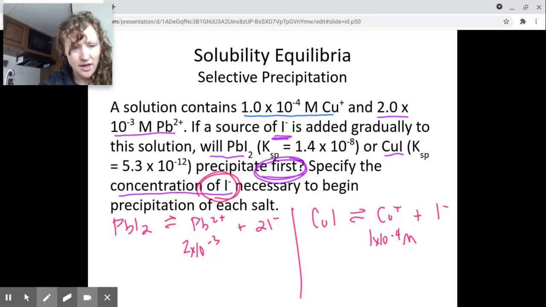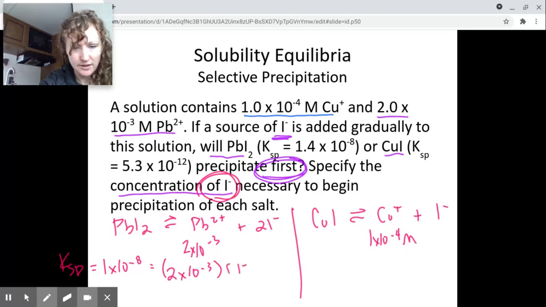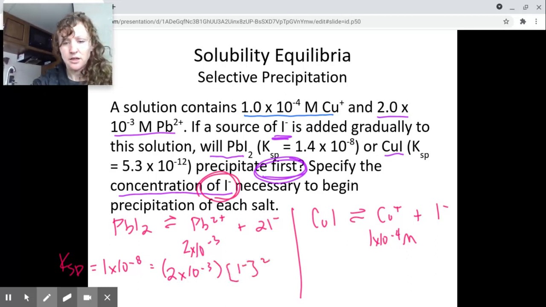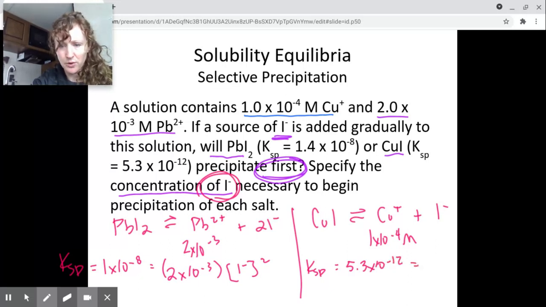Okay, so Ksp on this one is going to equal 1 times 10 to the negative 8, and that equation is going to be Pb raised to the first, iodide raised to the second. Okay, for this one, I'm going to have my Ksp, it's 5.3 times 10 to the negative 12th, and that's going to equal copper, 1 times 10 to the negative 4th, times iodide raised to the first.